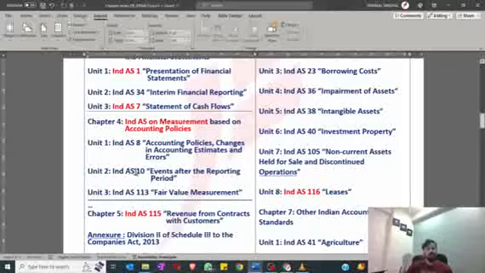Second is Ind-AS 10, which covers events after the reporting period. Reporting period basically is an accounting period. Say financial year 23-24 is an accounting period. So this Ind-AS will be covering events after the reporting period, that is to say occurring after 31st of March 2024. Ind-AS 113 covers fair value measurement. In this Ind-AS, we will learn how to calculate the fair values in different scenarios.